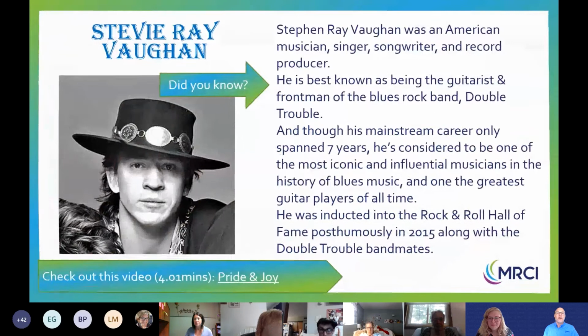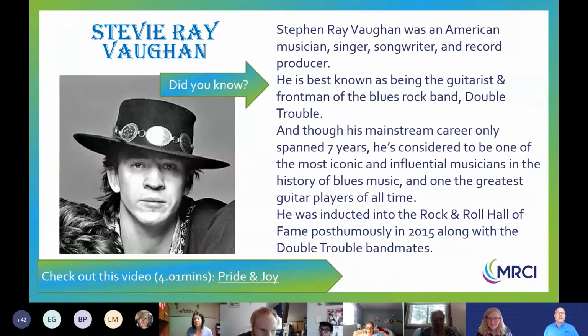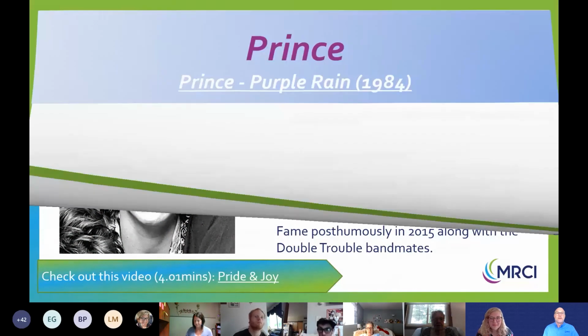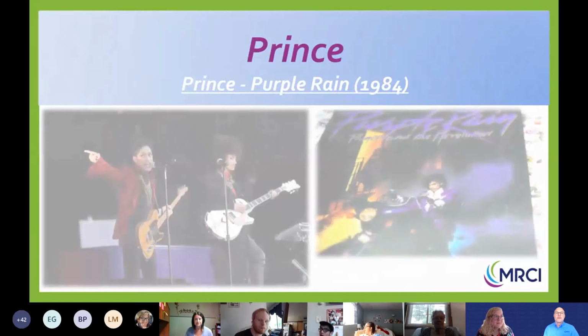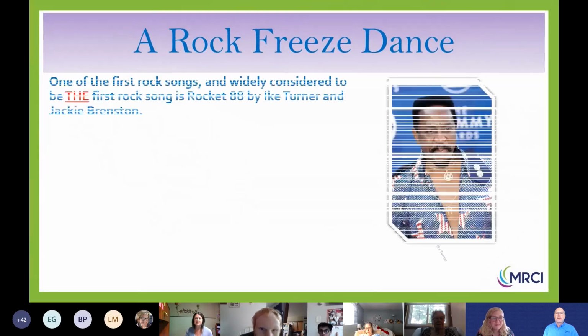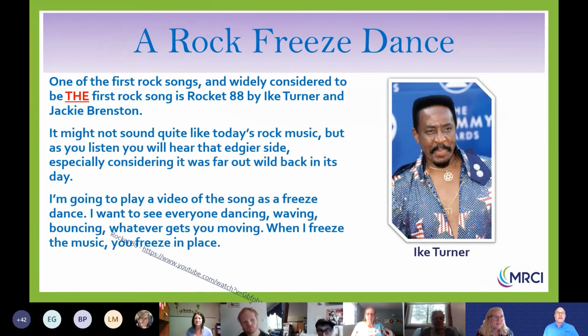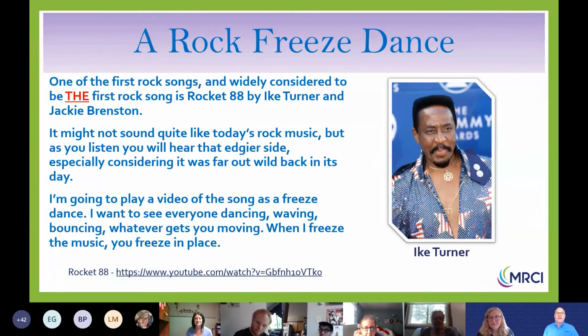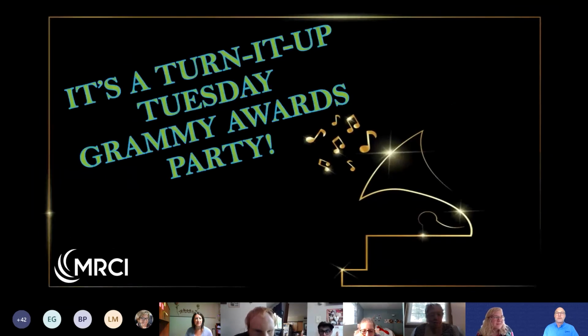Or Stevie Ray Vaughan, a true music and guitar legend. And of course, if you're going to talk music in Minnesota, you have to have a performance by Minnesota's own royalty, Prince. One of the big hits of Turn It Up Tuesday, the Freeze Dance, where staff play a song, everyone is moving and grooving, and they freeze when the music is paused. And the Grammys, we've been there too.